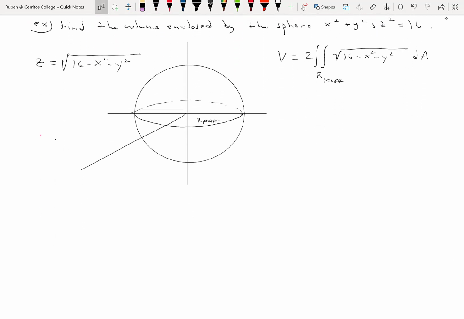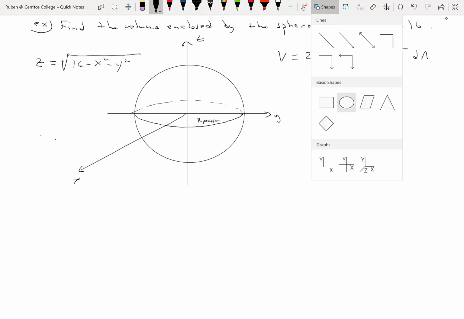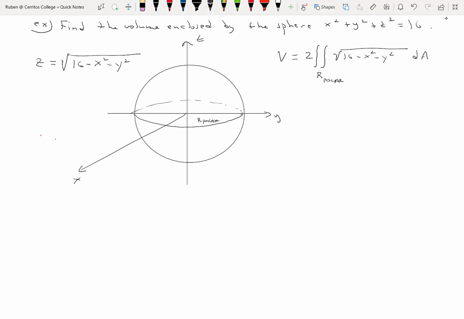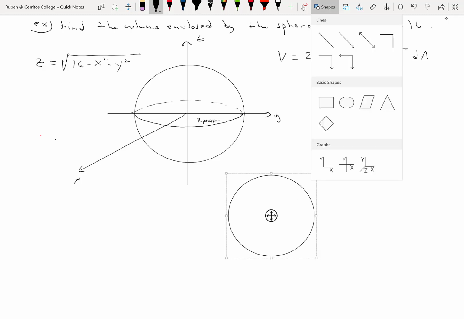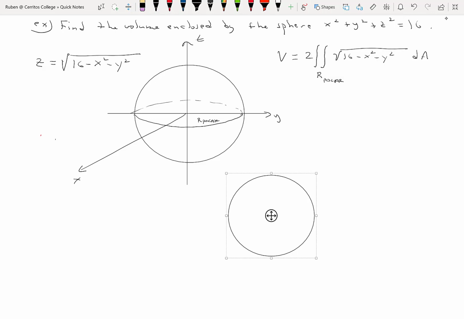The polar plane can also be considered the rectangular plane xy. On the polar plane, the base of our region is a circle. So here's, in the xy plane now, the base of our region.